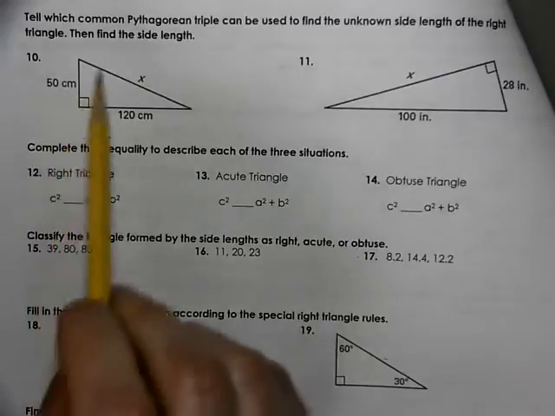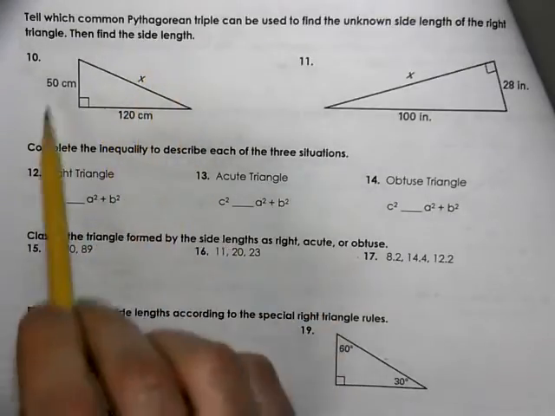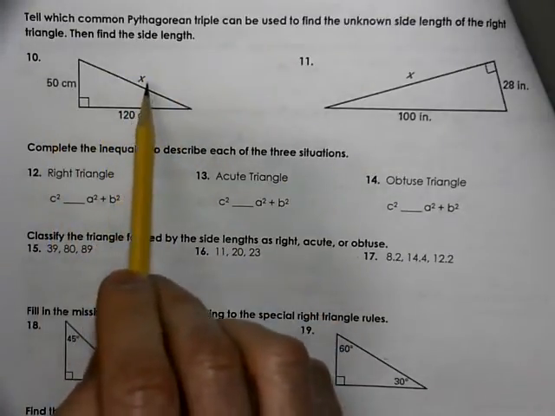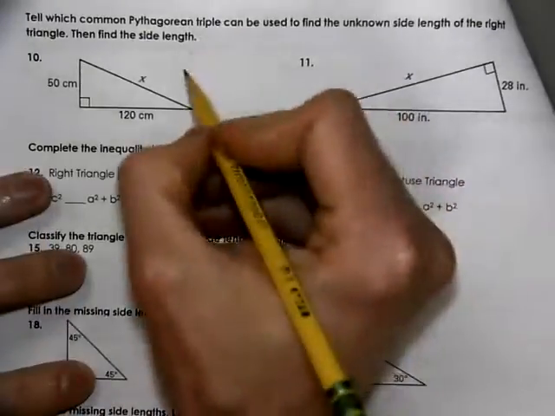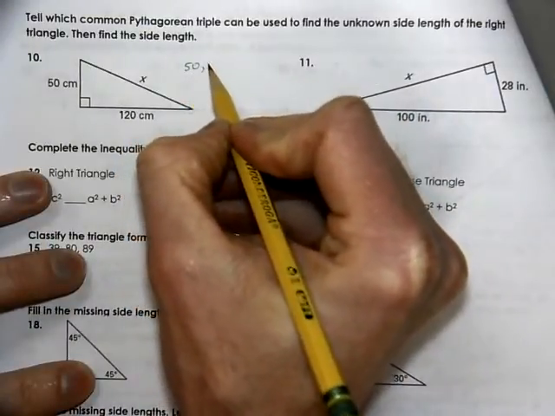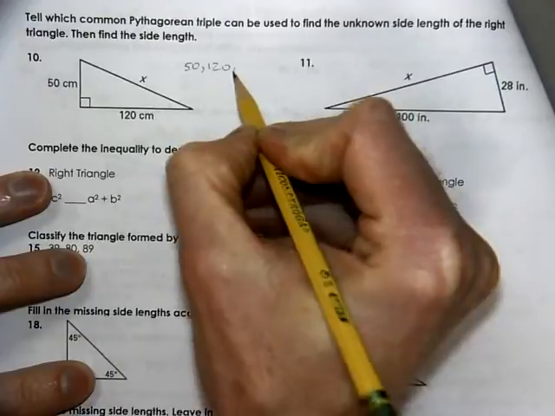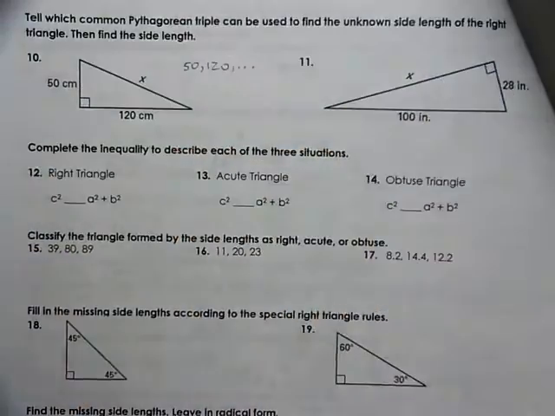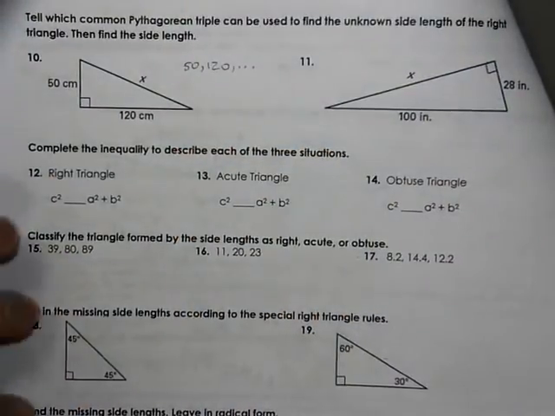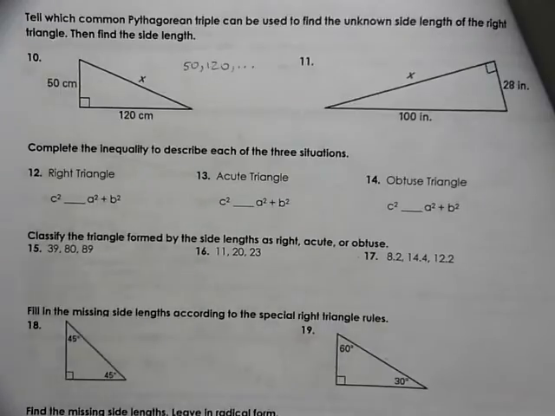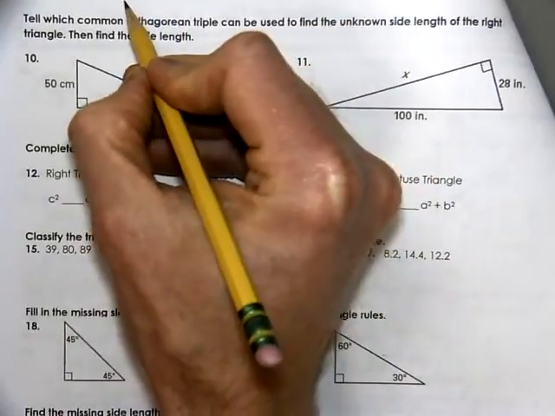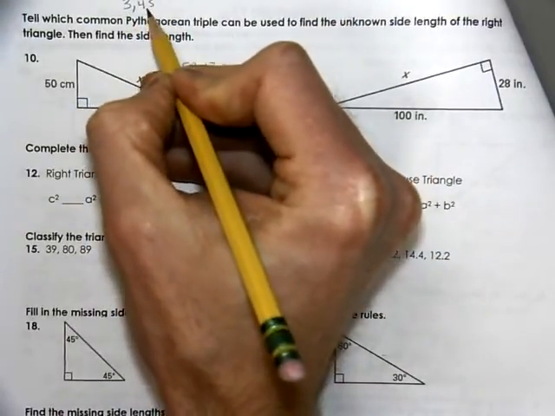Working on the back side, we're going to look at the Pythagorean triple and try to use that to solve for a missing side. We have the number 50 and 120, and we're looking for the hypotenuse. Some Pythagorean triples that we typically would be looking for would be the numbers 3, 4, 5.